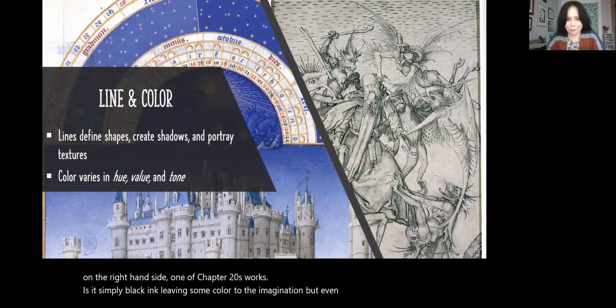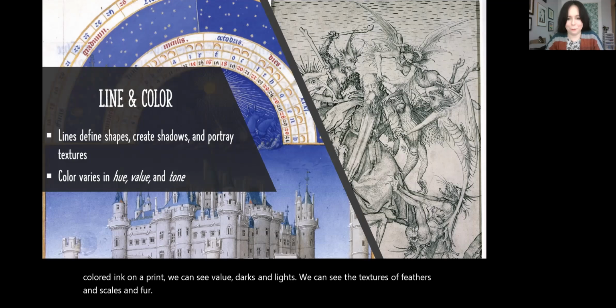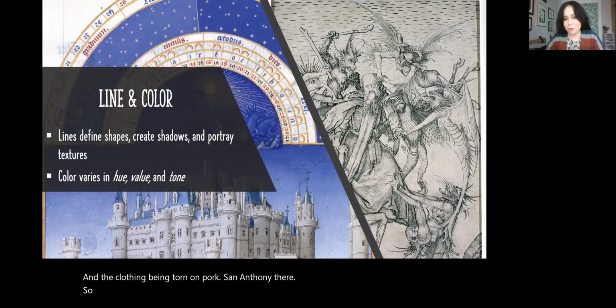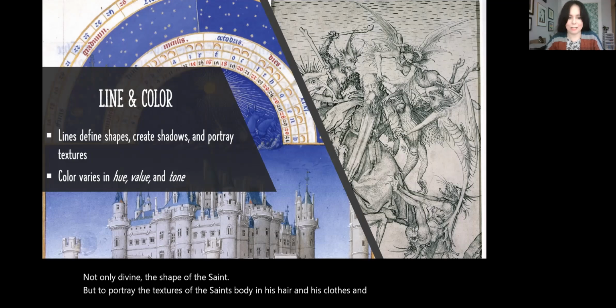We can see the textures of feathers and scales and fur and the clothing being torn on poor St. Anthony there. So in essence, Martin Schongauer there is using line not only to define the shape of the saint, but to portray the textures of the saint's body and his hair and his clothes and the demons that are attacking him.